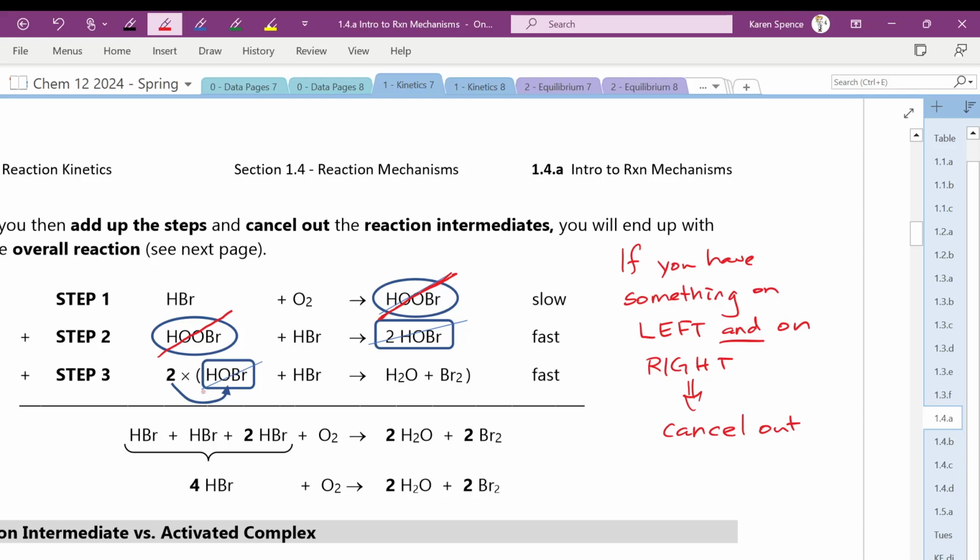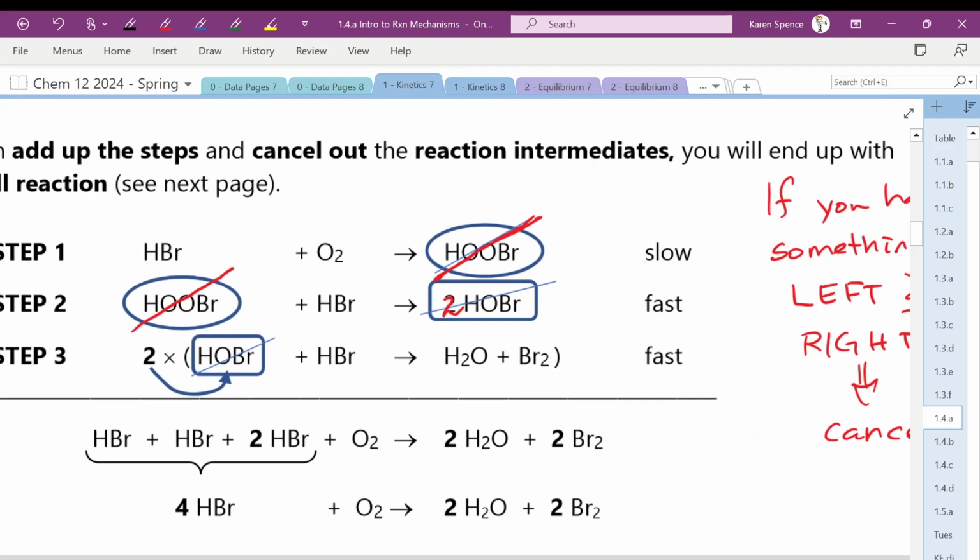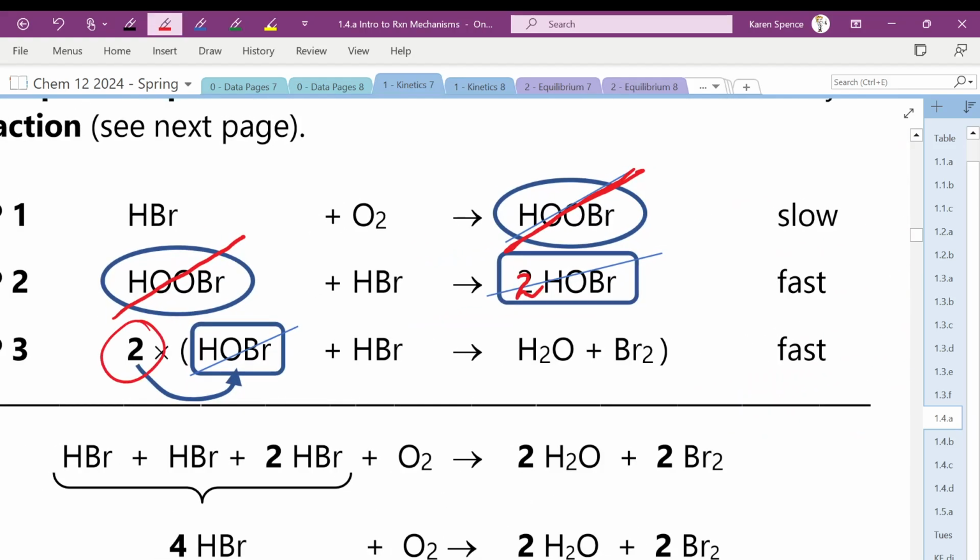Okay, so the HOOBr cancels out, the HOBr cancels out, and we have 2 HOBr here, but fortunately, we also have 2 HOBr there, because this 2, we're multiplying the whole thing by 2 because we need to get rid of both HOBr molecules. So those cancel out, and what are we left with? We are left with 1, 2, and then a 2 times HBr, so that's 1, 2, 3, 4, so we've got 4 HBr.